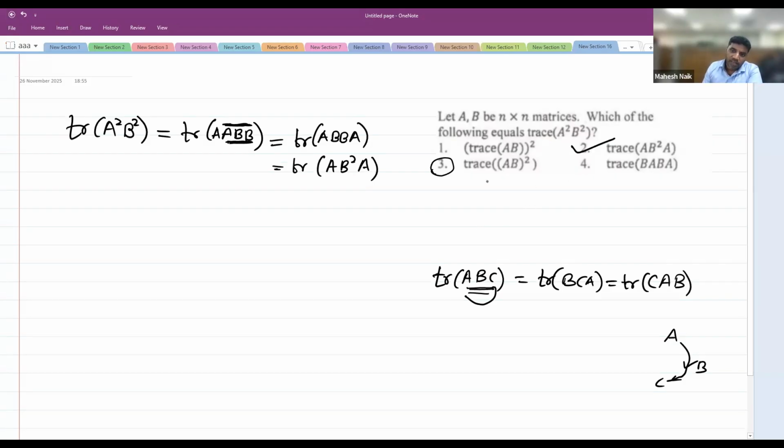Rest of the things will require a lot of information like being commutative and so on to hold the equality. Okay, is that clear? Yes, sir. This cyclic order is very helpful in the computation of something. The cyclic order notation. Exactly.